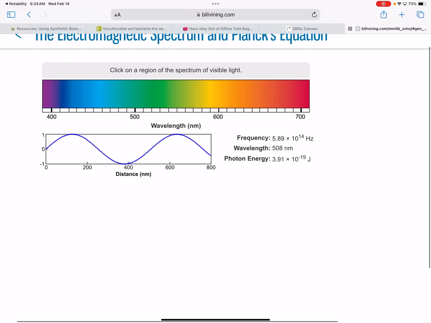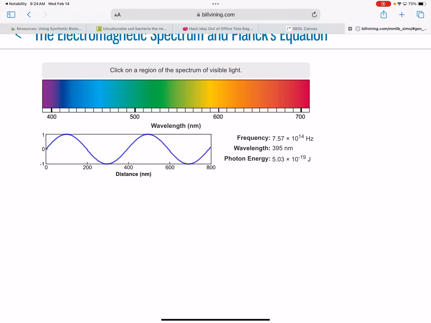It's right here. And you can see what the size of the wave looks like. Now I'm going to click on something in the purple, and you'll notice that my wavelength is getting shorter. As I go further to the red, it's getting longer. So from blue light to red light, the wavelengths get longer.